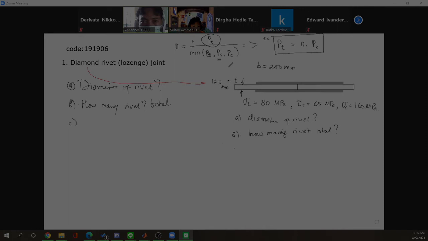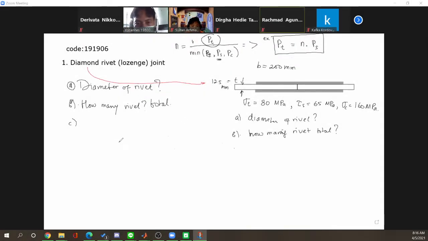Okay, so let's go to the next step. Kafka already showed us how to find the number of rivets. He took the ratio of the tensile load to the minimum between the crushing and shearing load for a single rivet. He found that the minimum is the crushing load and found the number of rivets like this.